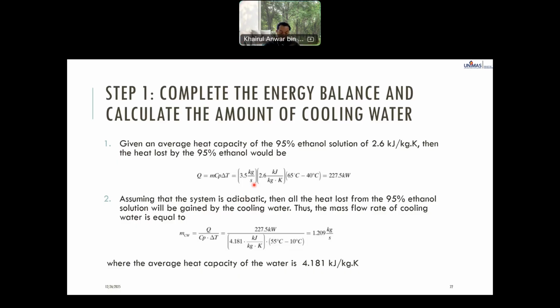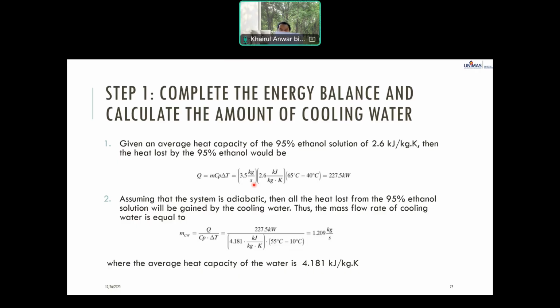So m_cw, the mass flow rate of cooling water, equals Q divided by Cp for water, which is 4.181, based strictly on Appendix A, A2, and the temperature difference for the water.